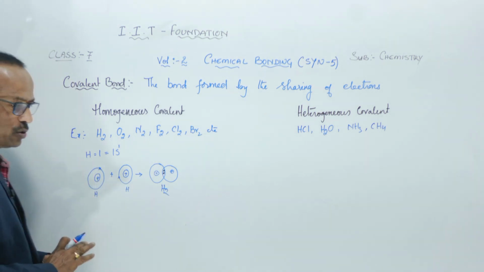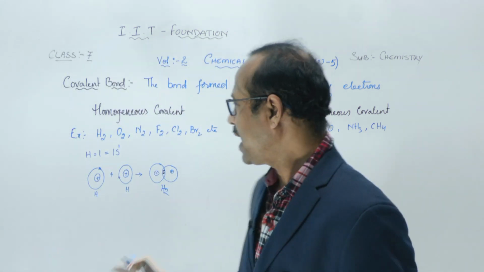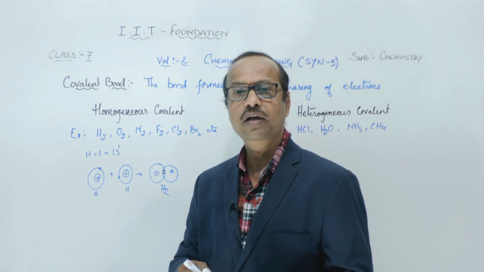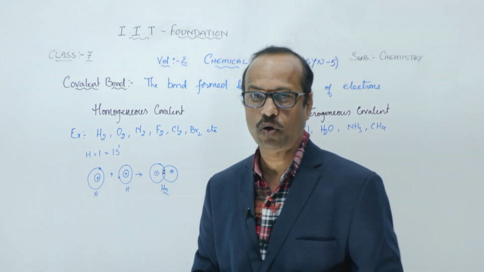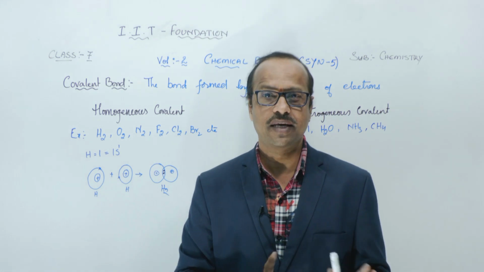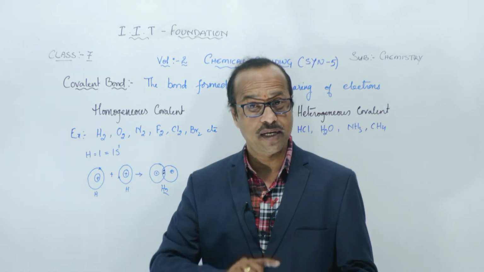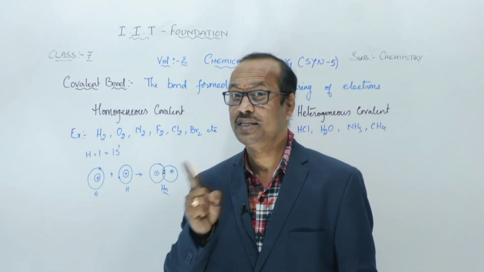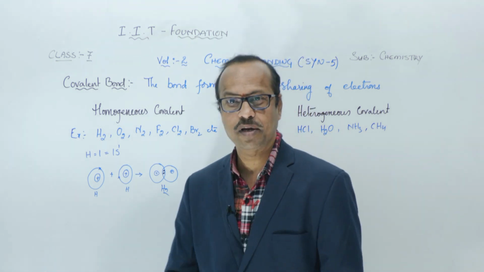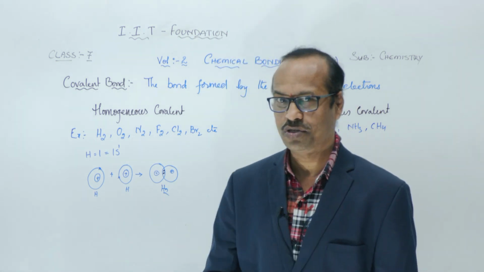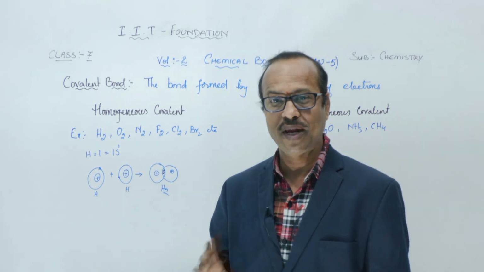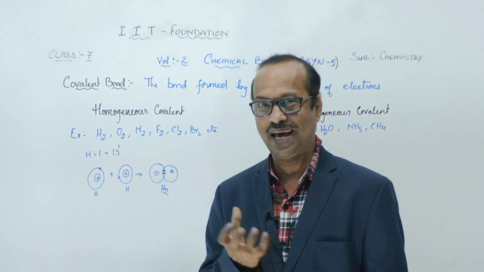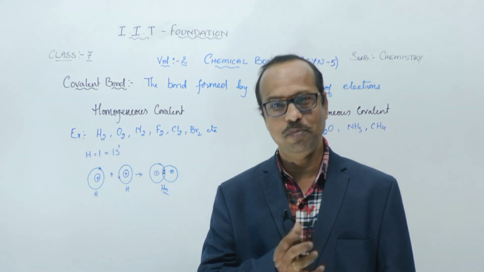One hydrogen has one electron and the other hydrogen has one electron. As they have only one electron, they are not stable. To attain stability, the nearest inert gas configuration is helium. Helium atomic number is 2, it has 2 electrons. If hydrogen also can arrange 2 electrons, then it becomes stable.